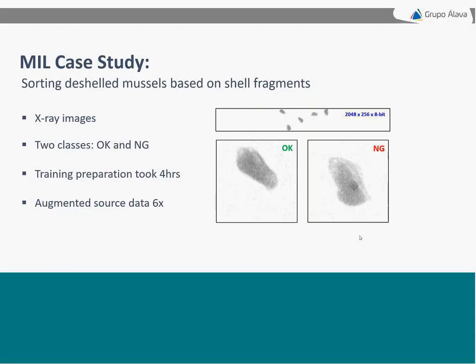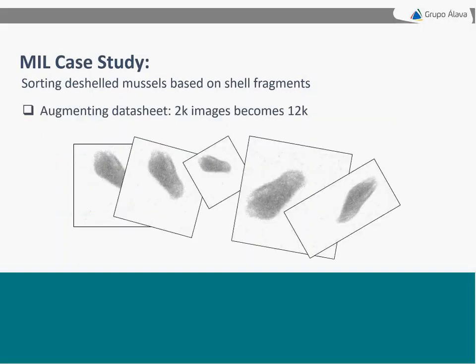For this project, the training preparation took 4 hours, and what we did was take all the images and multiply the number of images by 6. Why? Because we have just one image of each, so we always change the rotation, the scale, the aspect ratio, the intensity.